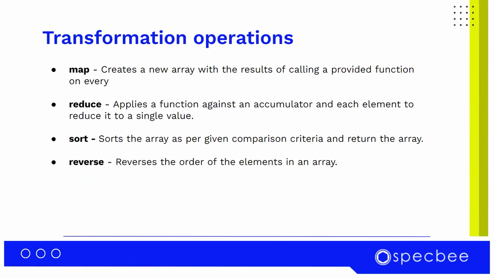Okay, so maybe using some of the transformation operations over here, you can change its form from one way to another, or you can do some sort of operations which can change the order or reverse it, like whatever the requirement is. So again, map, reduce, sort, reverse. These are the four transformation operations that you will see in detail.